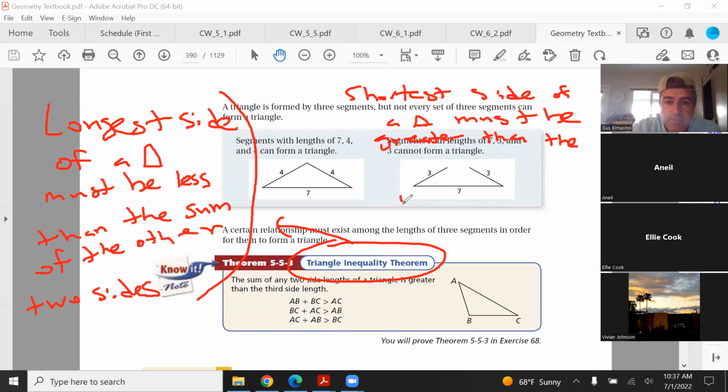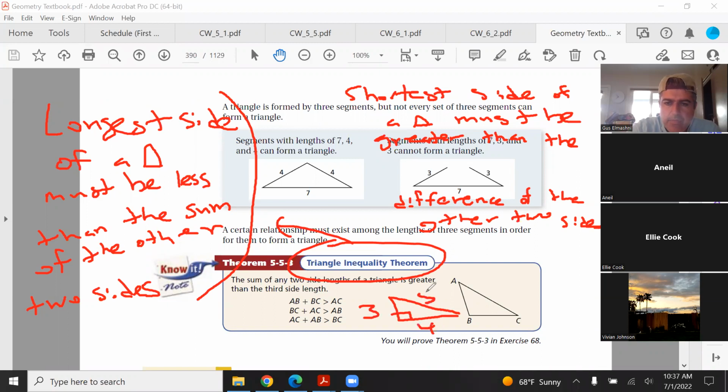We know this is a common triangle, 3, 4, 5 for a right triangle. The difference between 5 and 4 is 1. And of course, 3 is bigger than 1, right? Also, 5 is less than the sum of the other two sides. 5 is less than 3 plus 4.